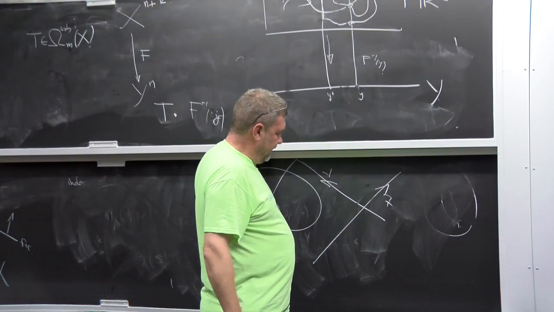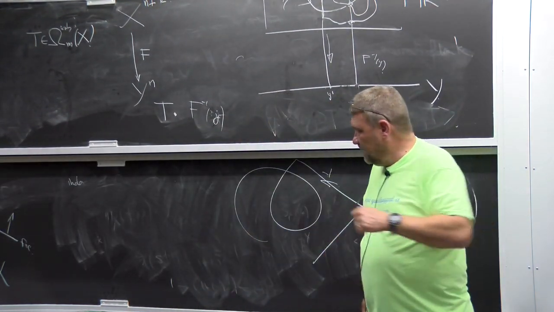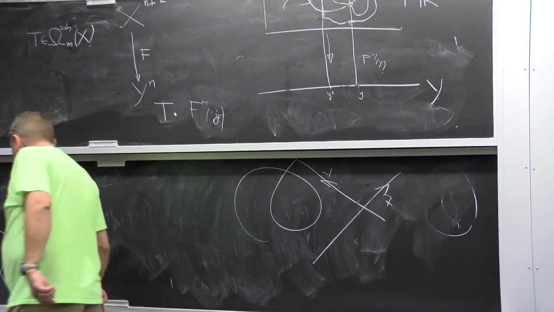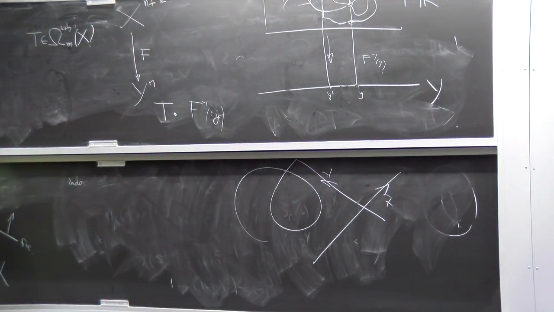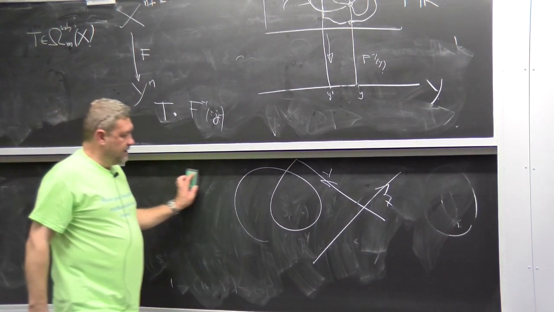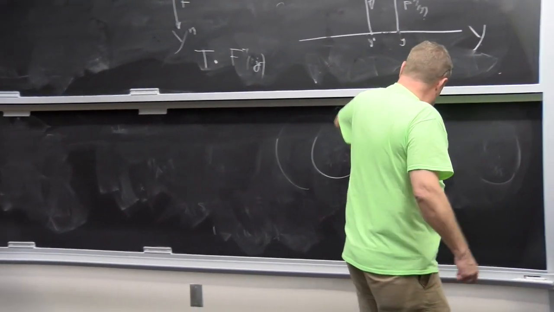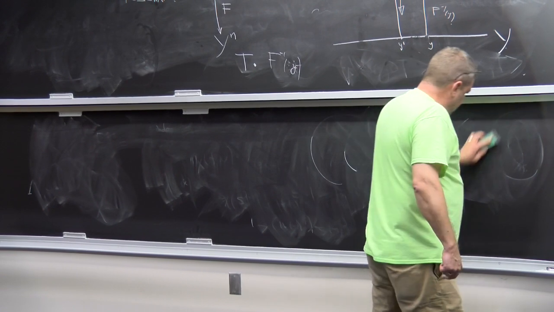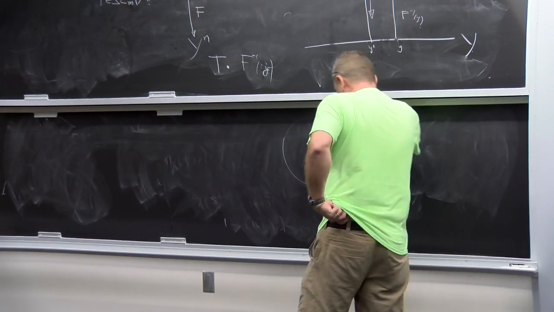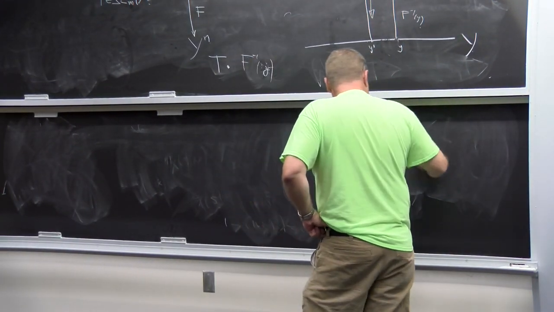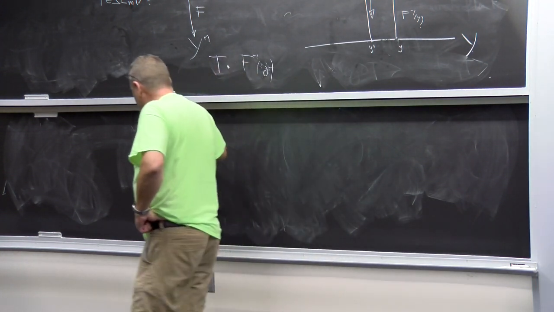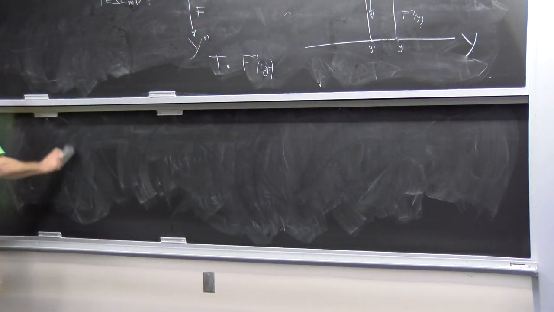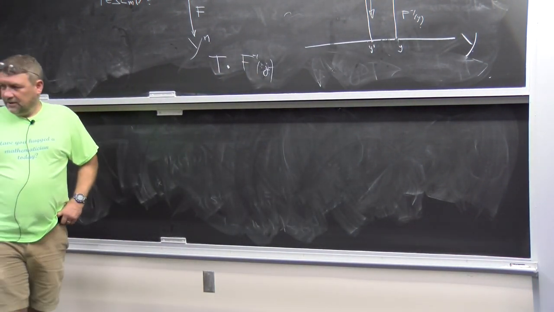So now that I have this, let me state a uniqueness theorem. This uniqueness theorem was first proved by Joseph Fu. He's in Athens, Georgia.